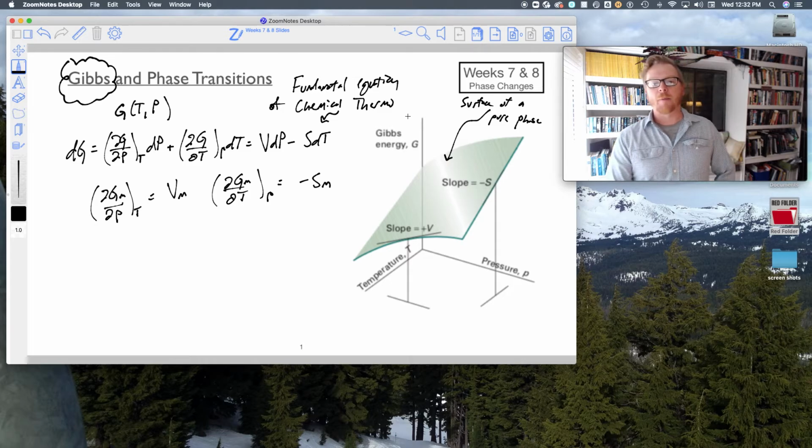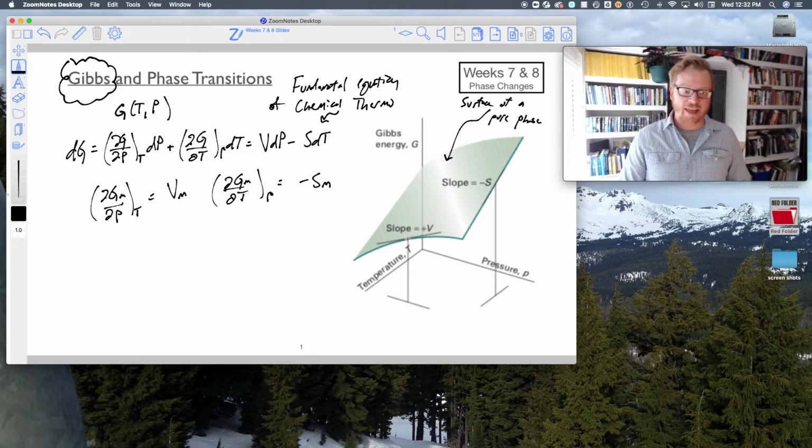Okay. And we can see here when we look at the relationship between G and T, a graph of G versus T would give us a plot where the slope is negative entropy. And if we had a plot of G versus P, the slope would be positive volume, which is pretty cool. Okay.